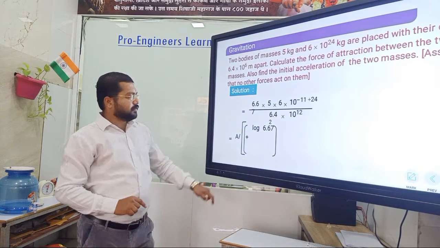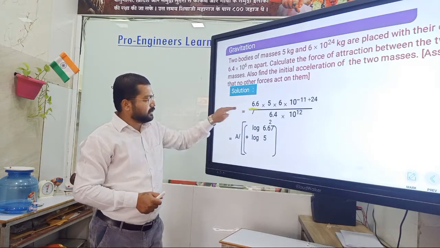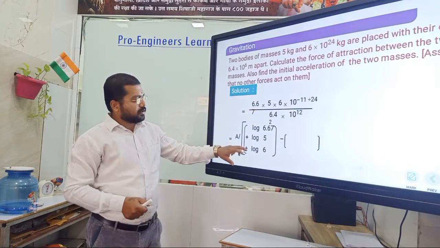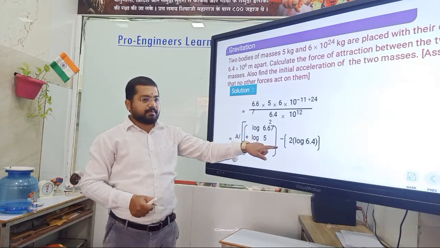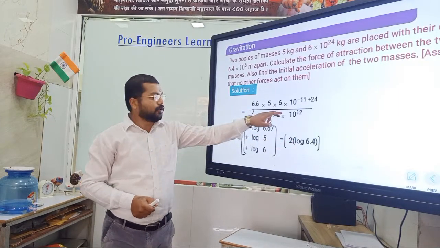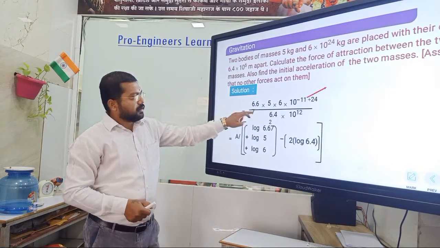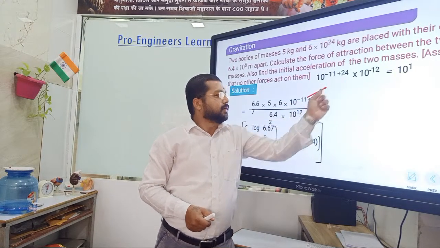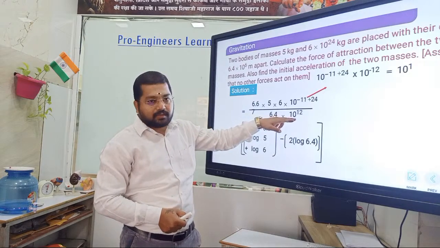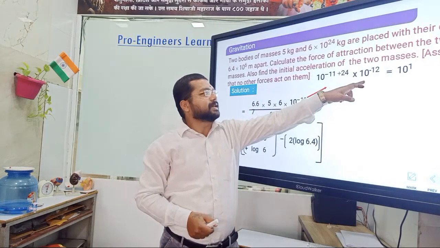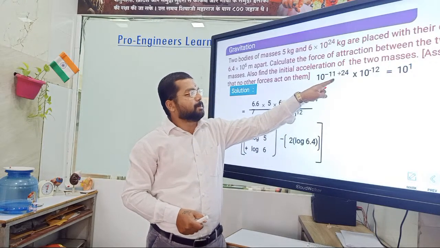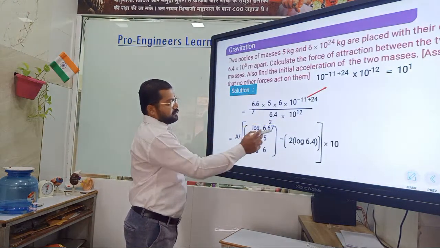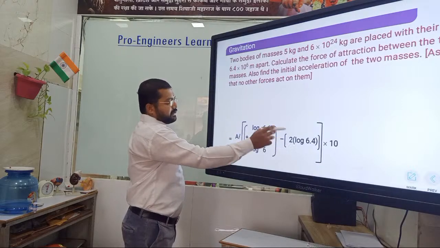To calculate the values, log 6.67 plus log 5 plus log 6, then minus 2 log 6.4. Now 10 raised to minus 11 plus 24 became 13, and the 12 at the bottom goes up as minus 12. So minus 11 plus 24 minus 12 became 10 raised to 1. So we have written 10.